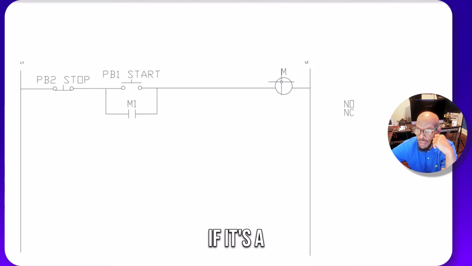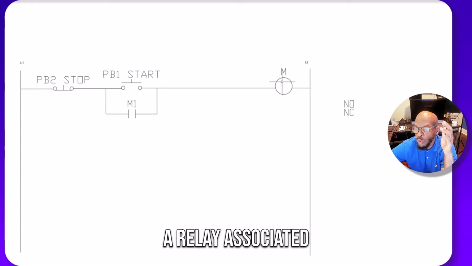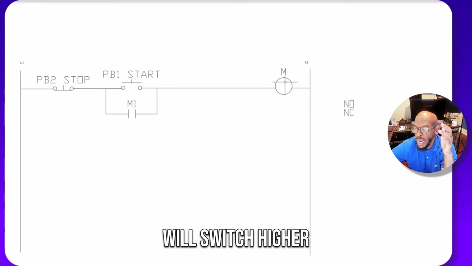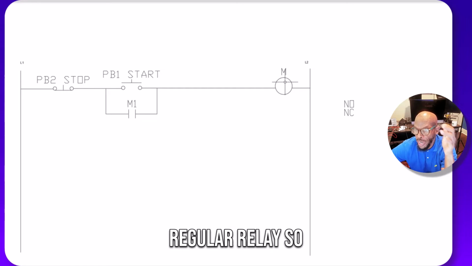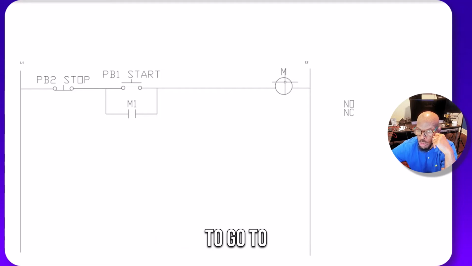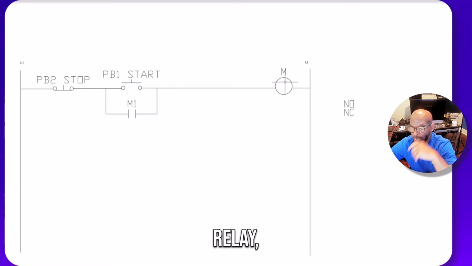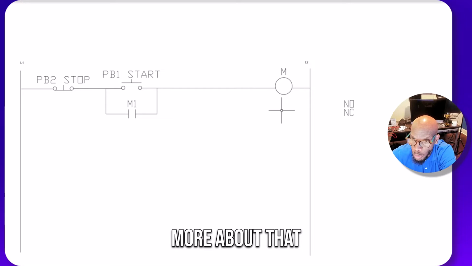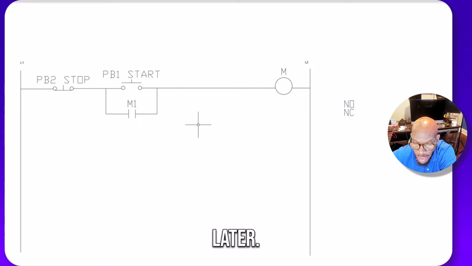If it's a motor starter, then it would have a relay associated with it, but that relay will switch higher voltage than a regular relay. That's what a motor starter does. It allows a lot more current to go to the motor than just a regular relay, but it has a relay on it. You'll learn more about that a little bit later.